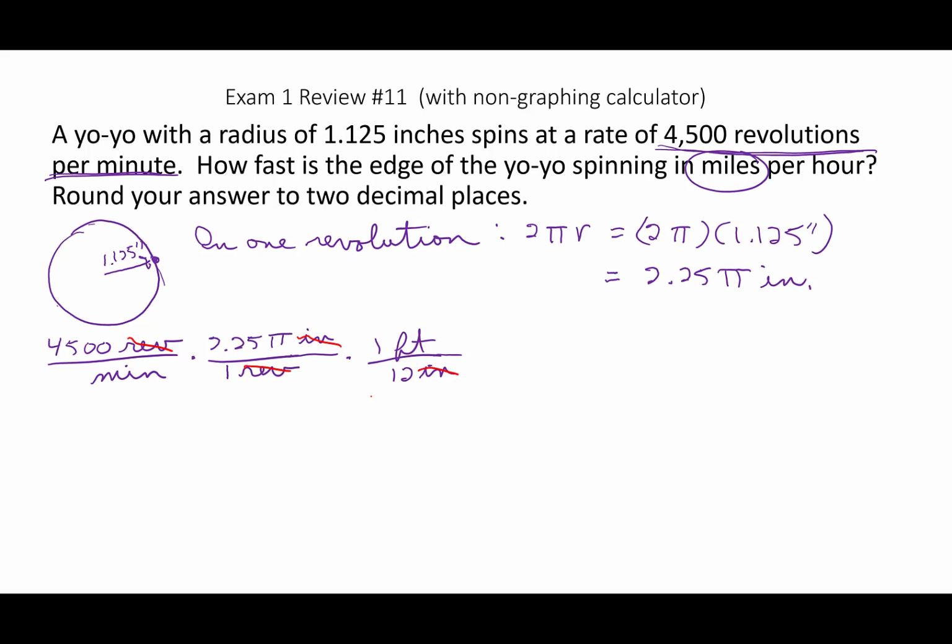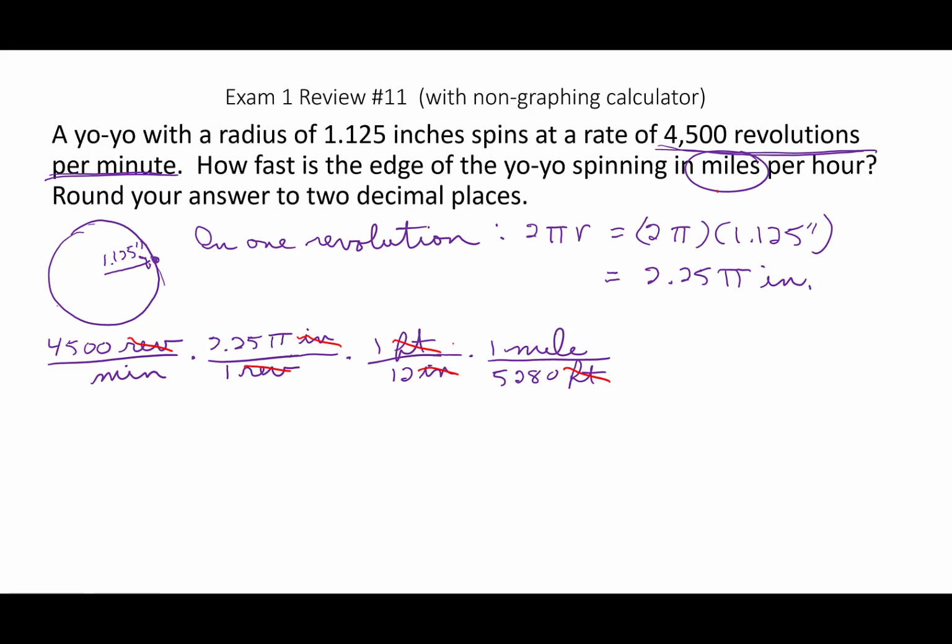And now I want to go ahead and change feet to miles. And usually you would be given this on an exam: 1 mile contains 5,280 feet. So at this point we have changed our original inches into miles. So we can cross out the feet here as well.